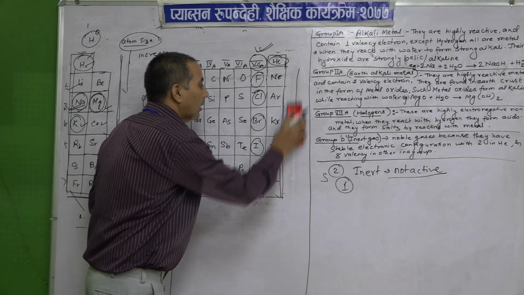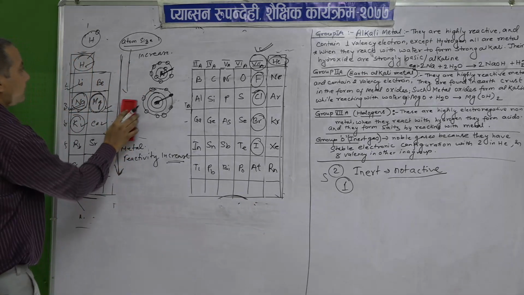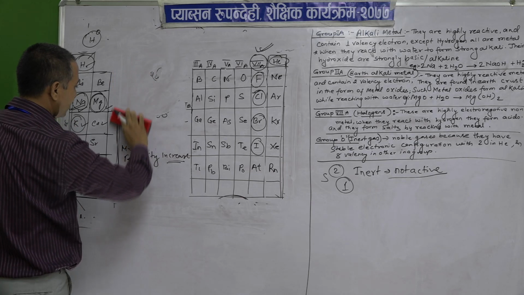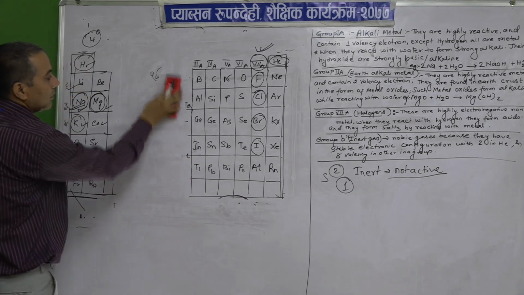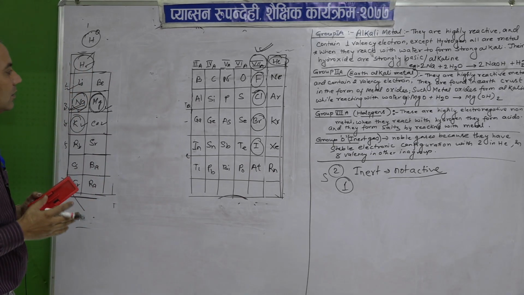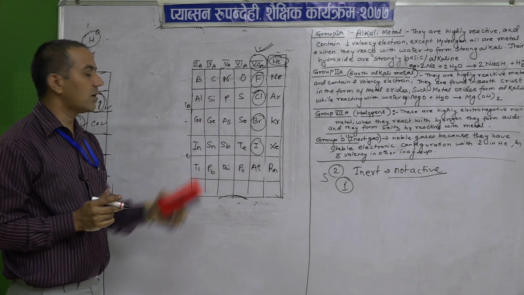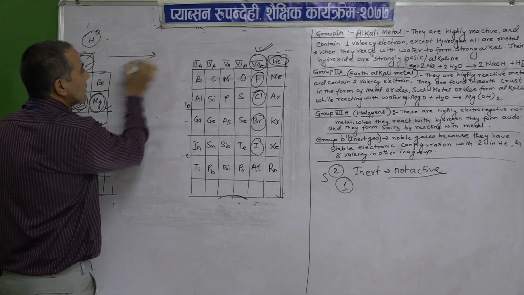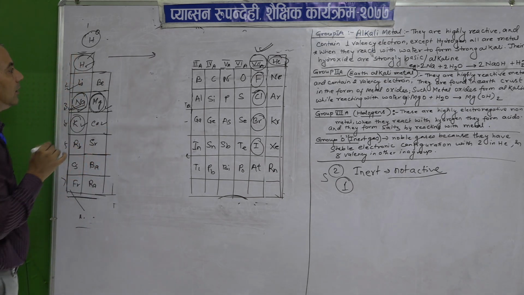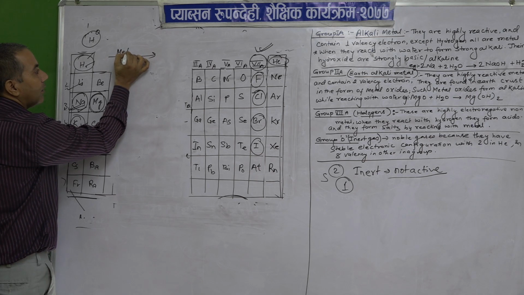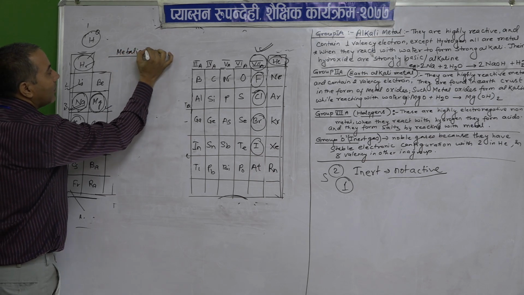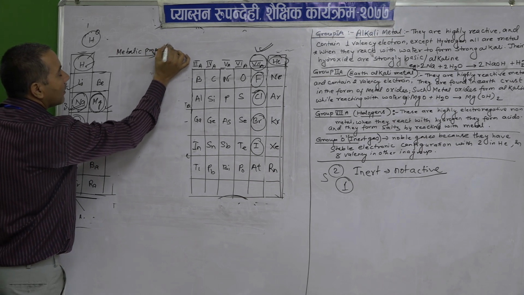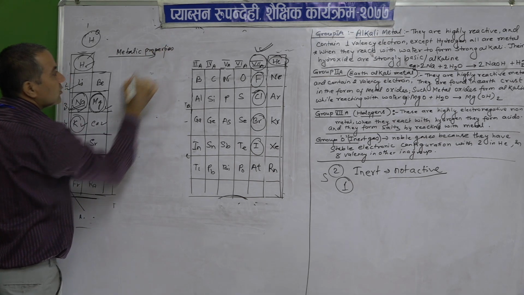Okay. Now comes the next one, which is about the features. Now, in oxygen, sulfur also, when we go this side, what happens? The metallic property will be, what?